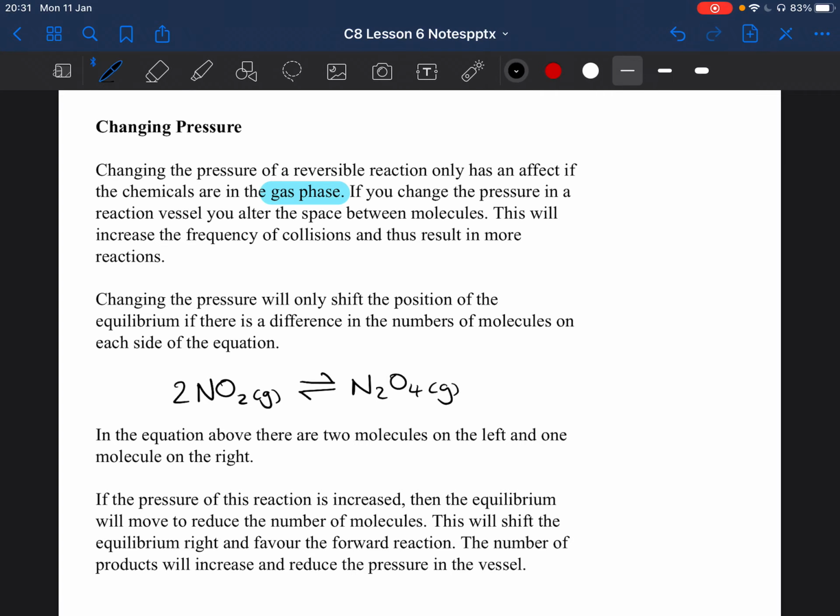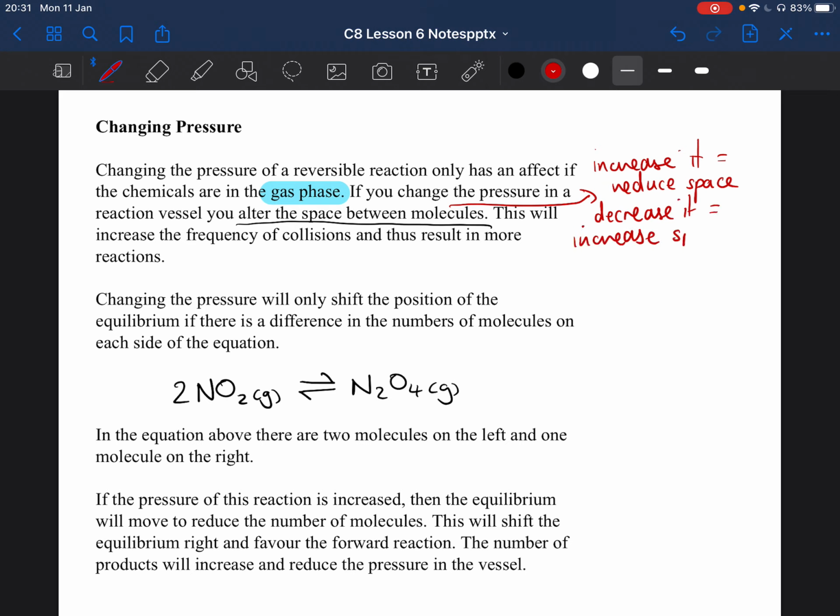And so what happens when you change the pressure is you alter the space between the molecules. If you can remember from a previous video, if you increase it, you reduce the space, you bring them together, whereas if you decrease the pressure, you increase the space and you actually move them further apart.